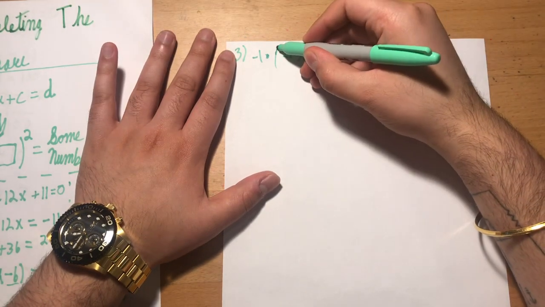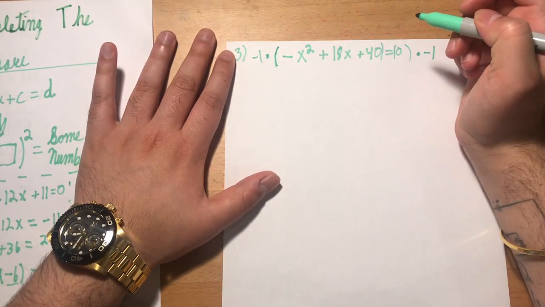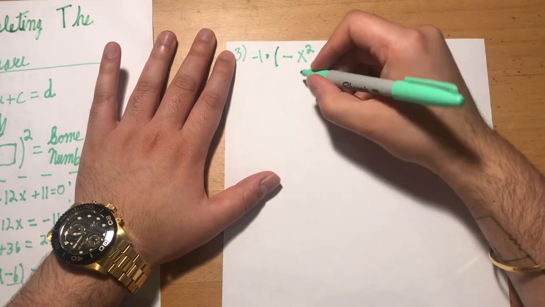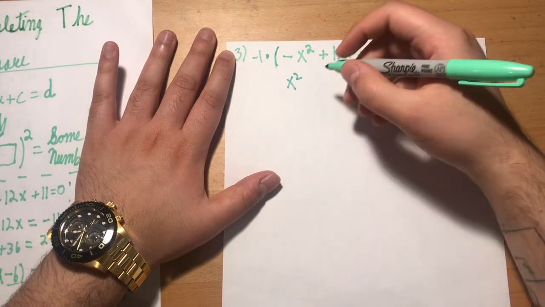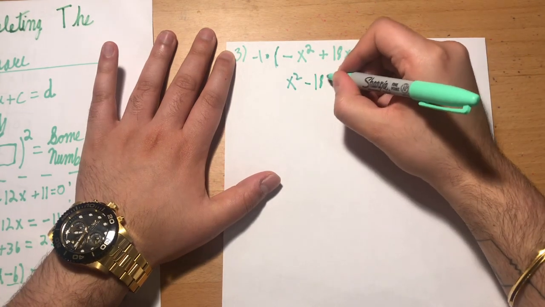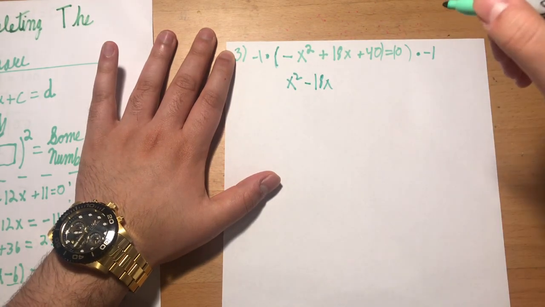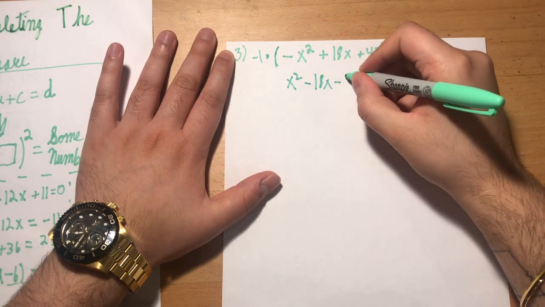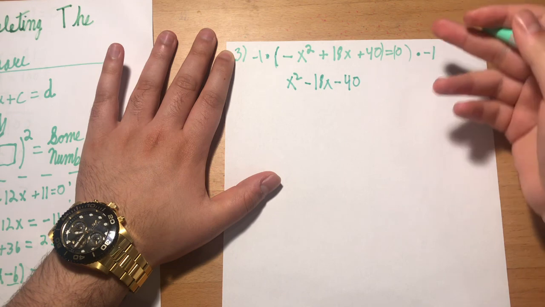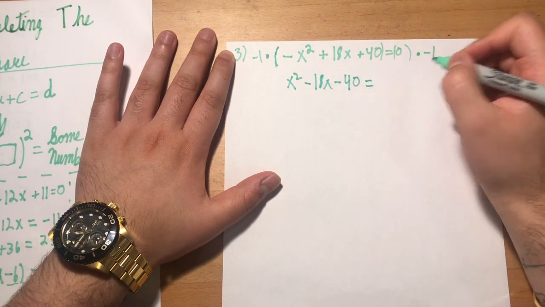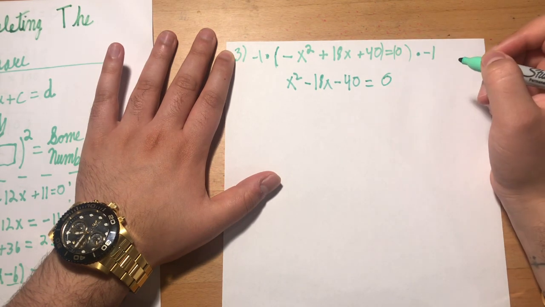Okay, so negative 1 times negative x squared should just be positive x squared. Negative 18x times negative 1 is minus 18x. And negative 40 times negative 1 is negative 40, or positive 40 times negative 1 is negative 40. And 0 times negative 1 should still just be 0.